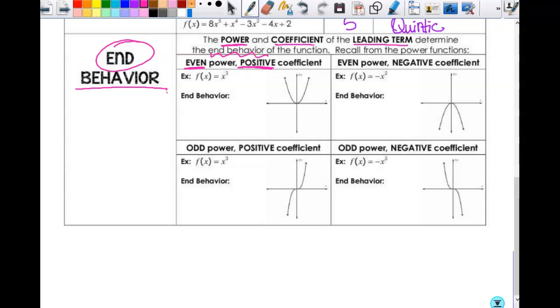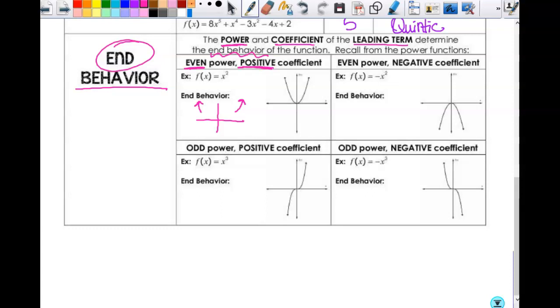So these are monomials that would look like this. But if I have a polynomial and it's a 2nd degree, it's still going to have the same end behavior. If I have any even power, positive coefficient, the end behavior is going to be up, up. We don't know what's going on in the middle yet, but it's going to look like that. Okay, so if I had 3x to the 4th plus 2x squared, so forth and so on.